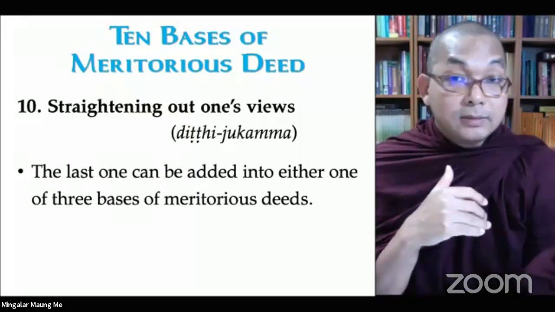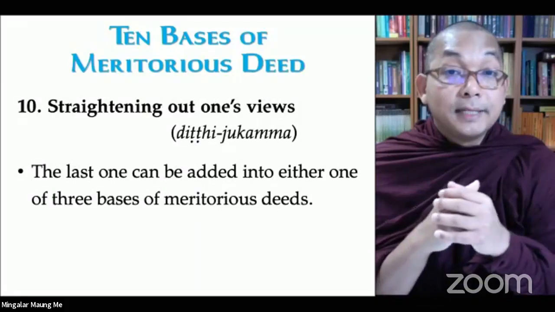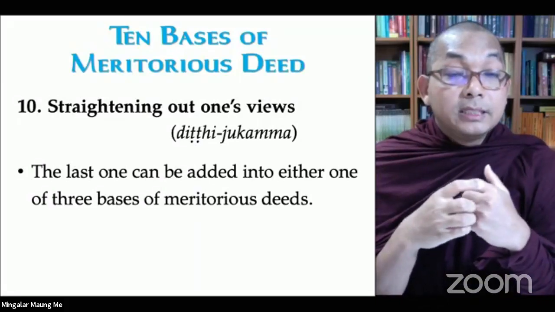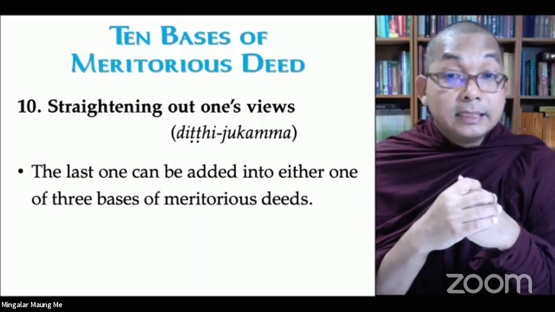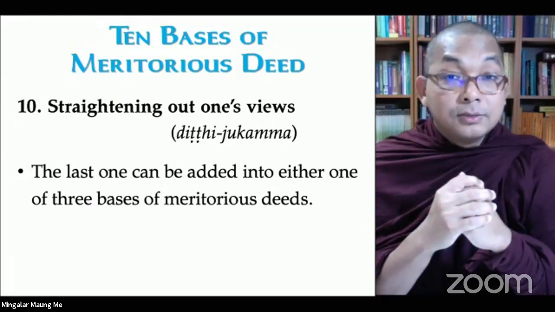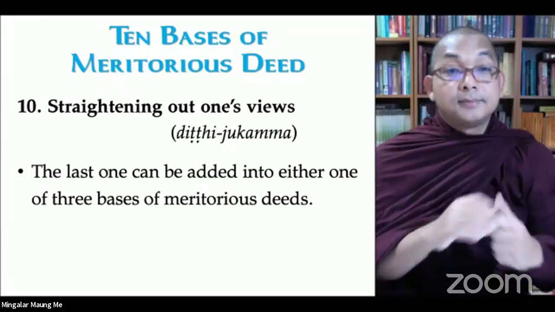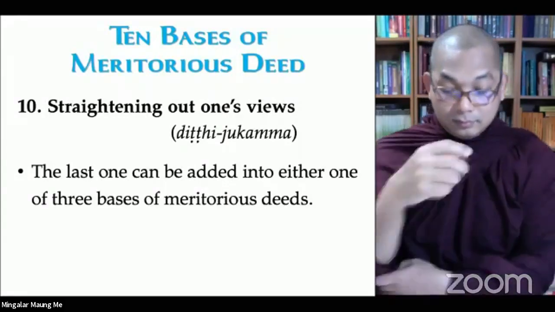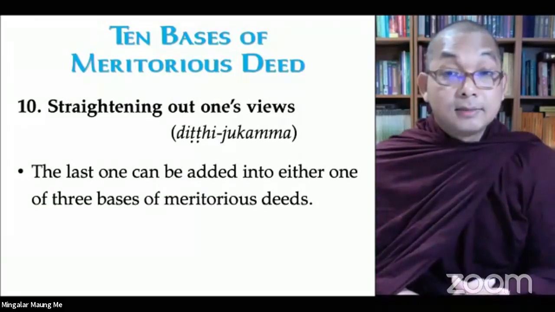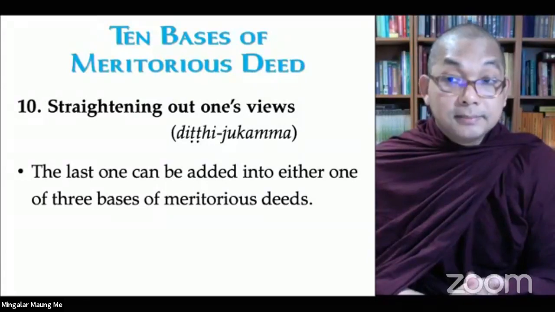You can add it into dana, sila, or bhavana. So these are the 10 bases of meritorious deeds that we can do in our life. You can choose whichever you like. Now we are learning the Dhamma, we are teaching the Dhamma. That's considered meditation.